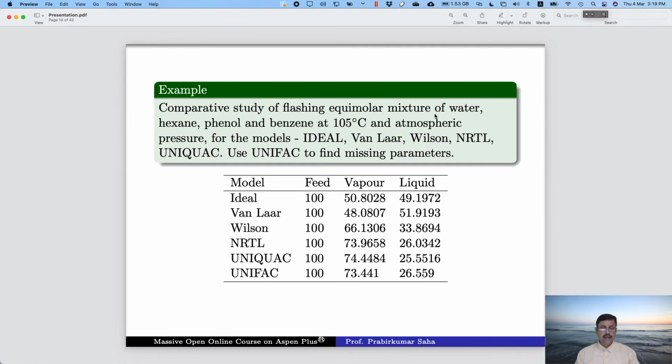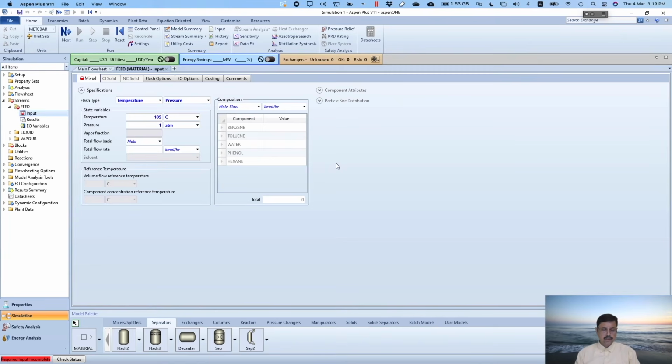So we say it is 25, 25, 25, and 25. There won't be any toluene, and the total will be 100 mole, and it will be equimolar. All of them have the same number of moles. Press next.